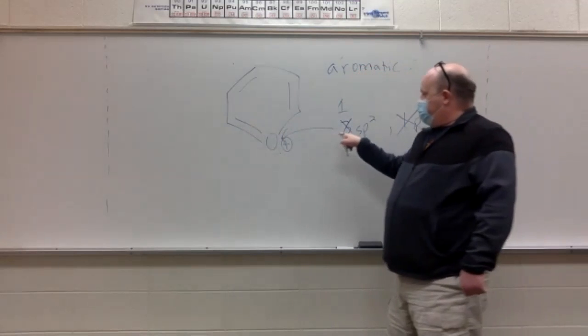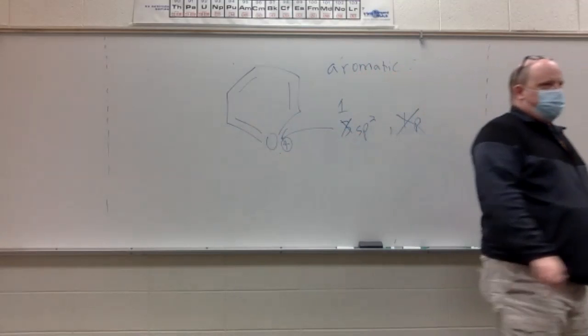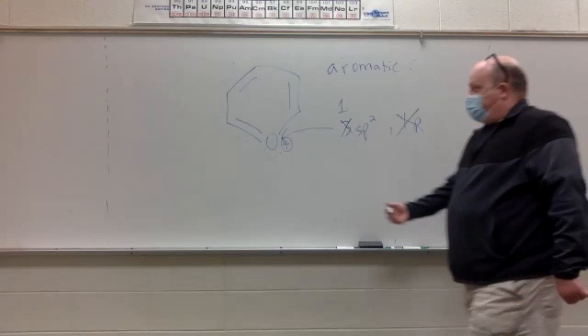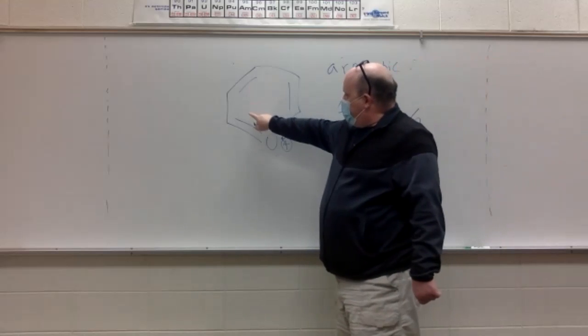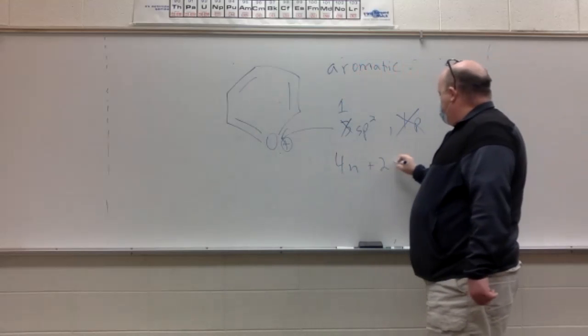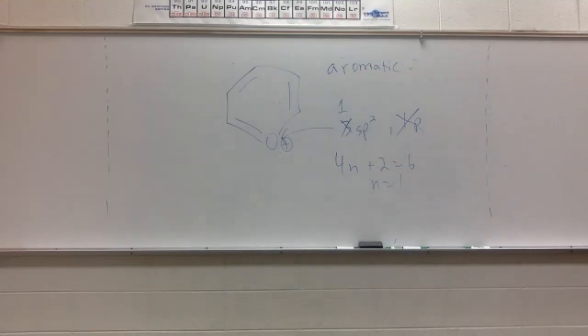That means the electrons have to go in the hybrid orbital, which means they stay on the outside. And since they stay on the outside, that means you have 2, 4, 6 pi electrons, which corresponds to the aromatic Huckel equation.